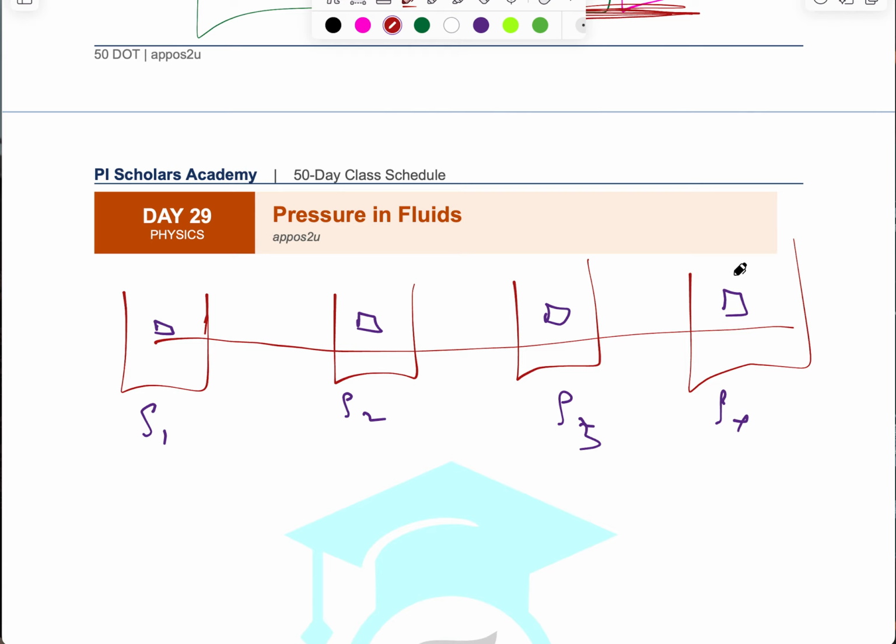The one with the higher density will have the higher pressure, because you are in different fluids. So that is another thing you need to always take note of whenever you are dealing with pressure in fluids.